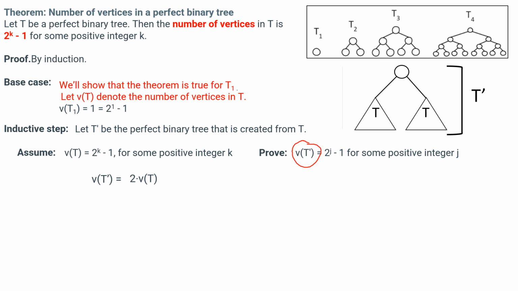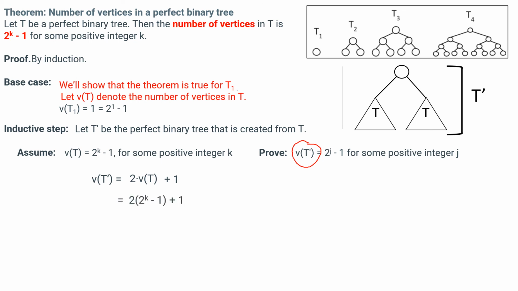Well, it's equal to, and this isn't completely done yet, we're going to add to this, but take a look at what I have here, 2 times the number of vertices in T. So remember, to get T prime, we took 2 copies of T. So all of the vertices in one T times 2 would give us some of it, but then remember we had to combine those with one vertex at the top. So we would then add 1. Okay, so take the number of vertices in T, times 2, add 1, we get the number of vertices in T prime.